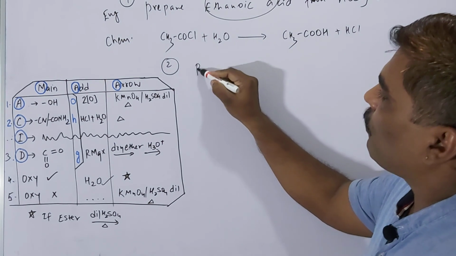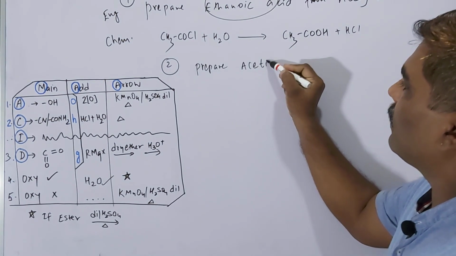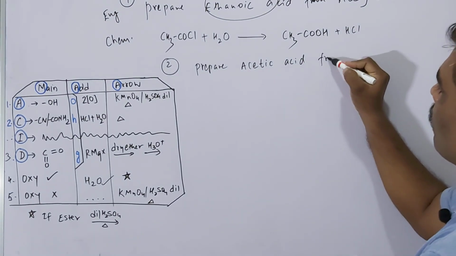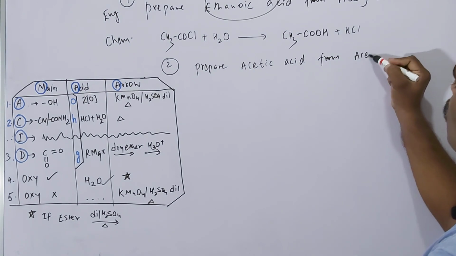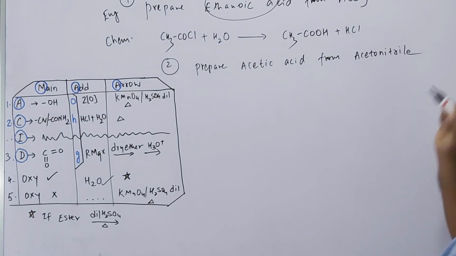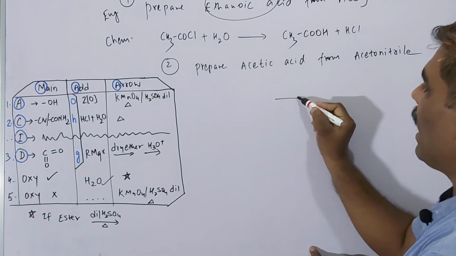We'll see one more here. Say again we want to prepare acetic acid from acetonitrile. Now again what we have to do is, first we'll write the arrow here.